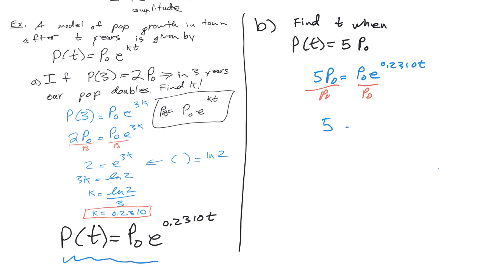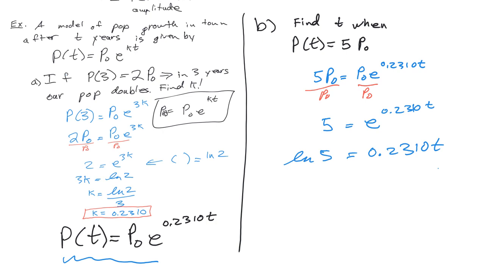So we're saying, what exponent do we have to raise e to get 5? So all we end up doing is we just take the ln of both sides. This means the ln of 5 is equal to the following: 0.2310t, based on what we know about logs, right?